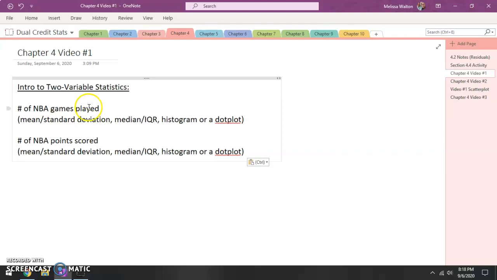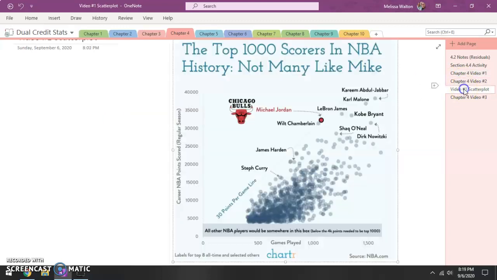Do we have anybody that didn't play a lot of games but scored a lot of points? So what we want to do is figure out how NBA games played are related to the number of NBA points scored. All right, and I have a nice scatter plot to demonstrate this. This is an example of how to display two variable data.